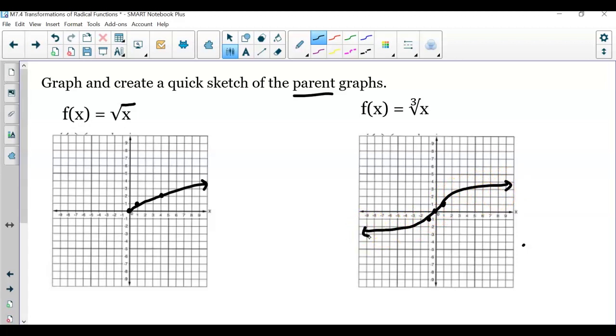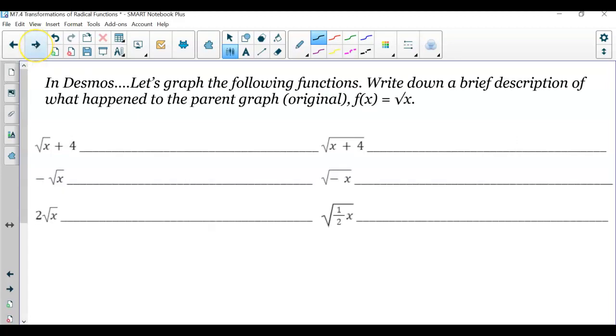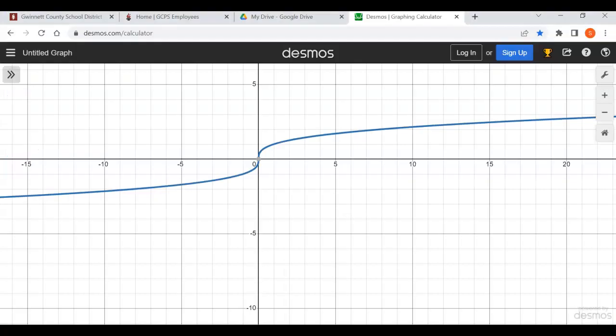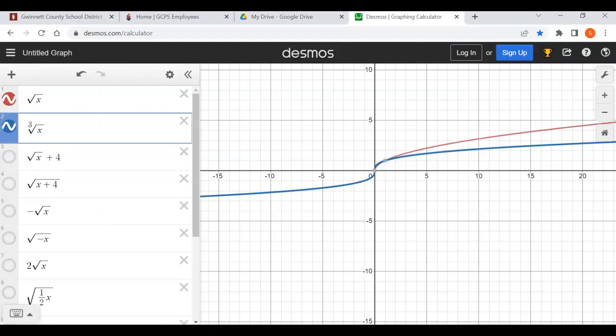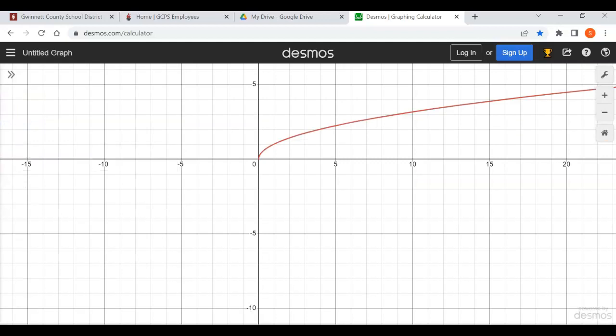So what we're going to have students do in the lesson, and you guys also do the same thing, is pause the video and graph these in Desmos and compare them to the original function. What I mean by this is, we're focusing on the square root. So make sure in the first line you keep the square root of x.